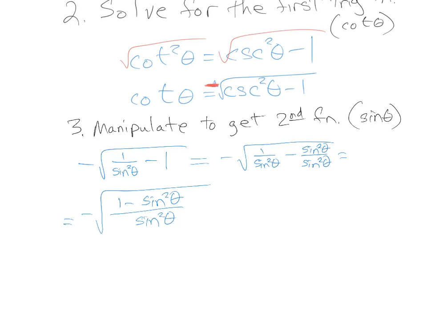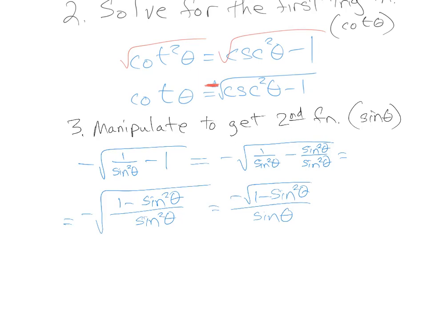Almost done. Now I can take the square root of the numerator and the denominator. I can split the radical under the top and the bottom, can't I? So what's the square root of sine squared? Yeah, the square root of the sine squared is just the sine. And here you're done. There's nothing left to do.